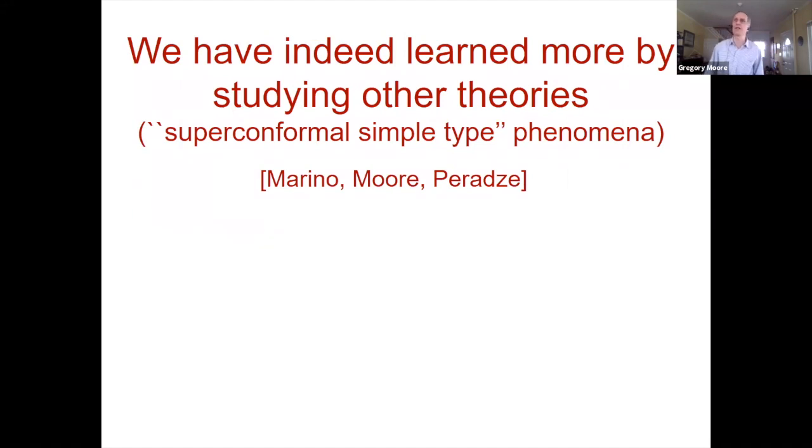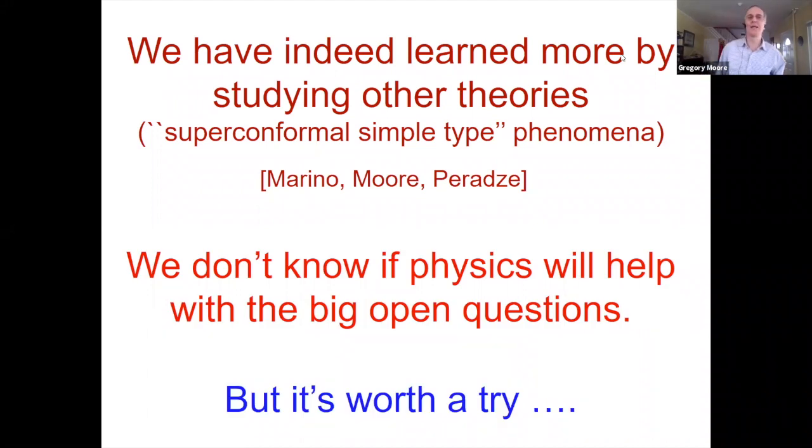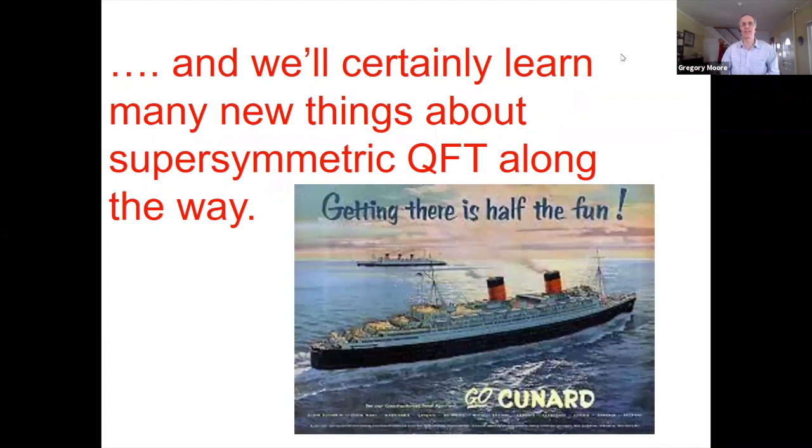By including hypermultiplets in the simplest possible way, we discovered the superconformal simple type phenomenon. We don't know yet if physics will help with the big open questions, but it's worth a try. And certainly we'll learn many new things about supersymmetric quantum field theory along the way. So the way I like to think about it is getting there is half the fun.